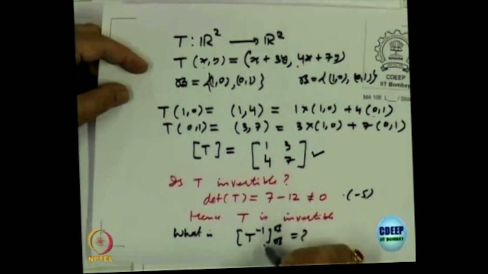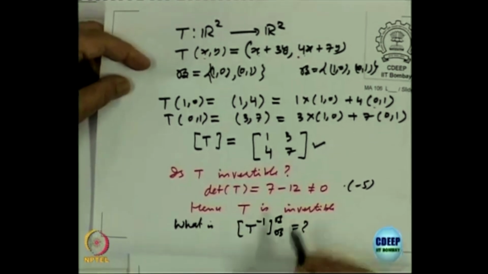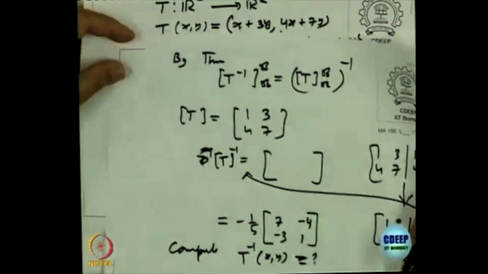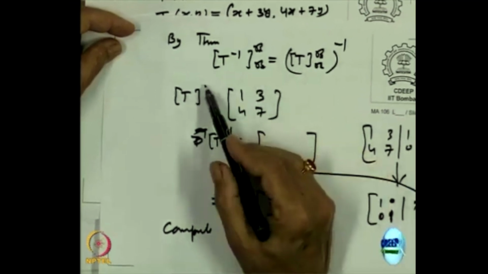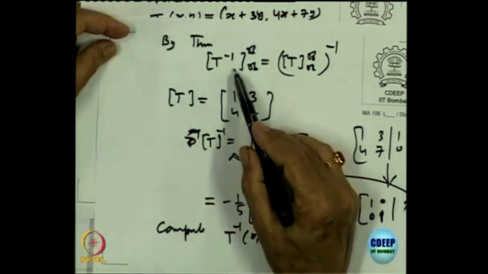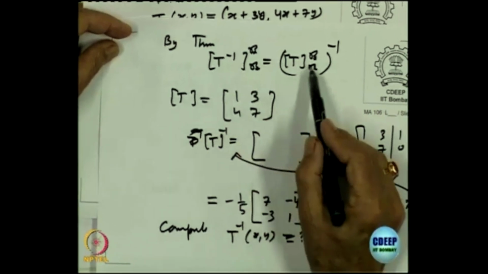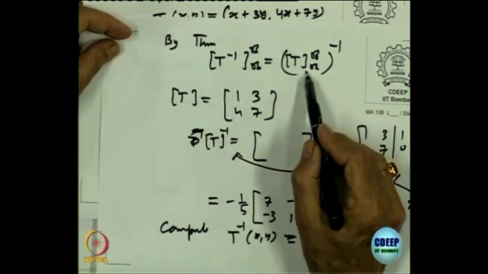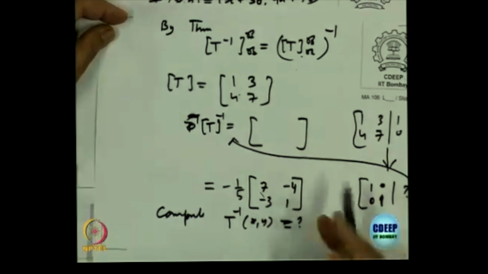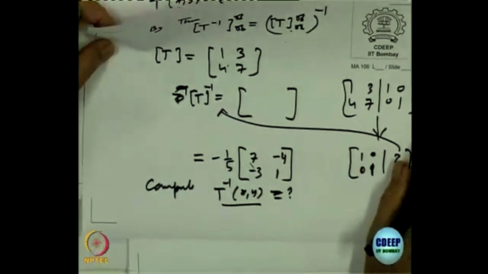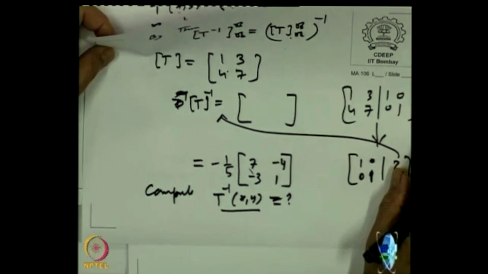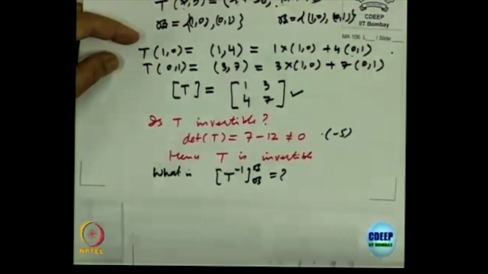For the matrix of the inverse, we use the formula from the theorem, that the matrix of the inverse is the inverse of the original matrix. Given this, we found the inverse, and now using this I can find the expression for the linear transformation T inverse. That also can be found, okay. So that we found.